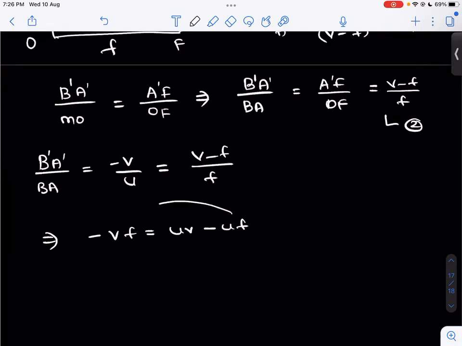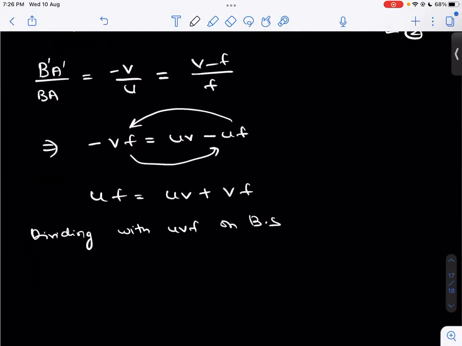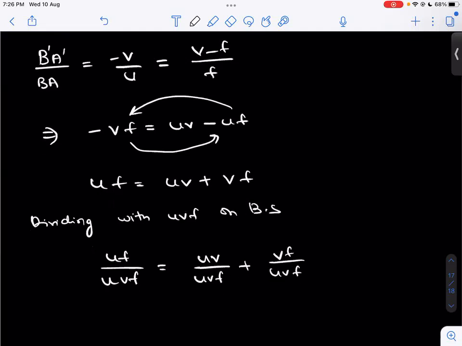So rearranging the equation, we get uf is equal to uv plus vf. Now dividing by uvf on both sides, we get uf divided by uvf is equal to uv divided by uvf plus vf divided by uvf.